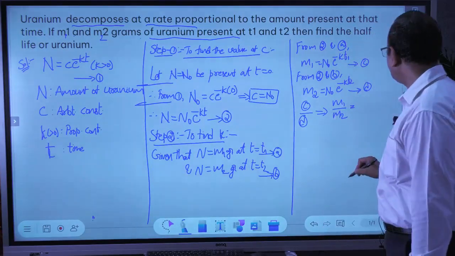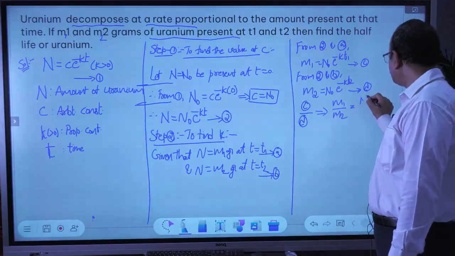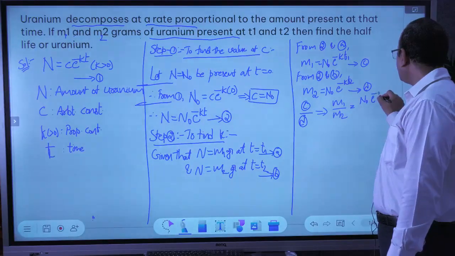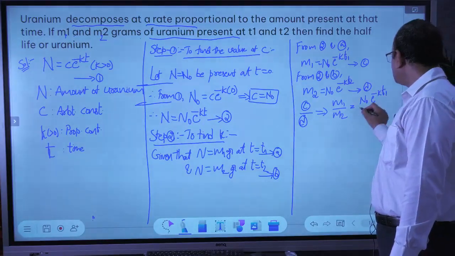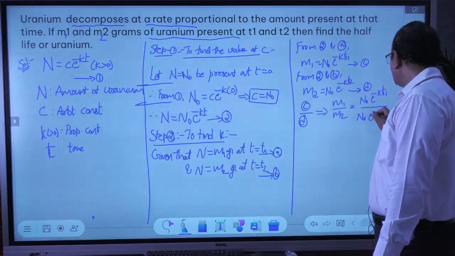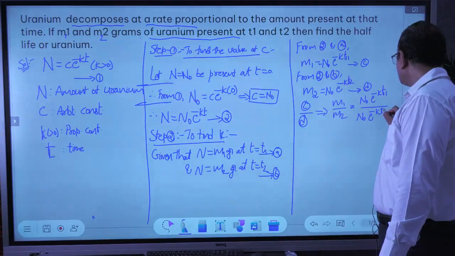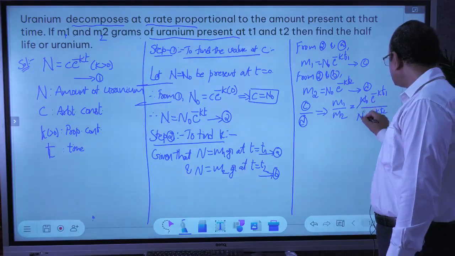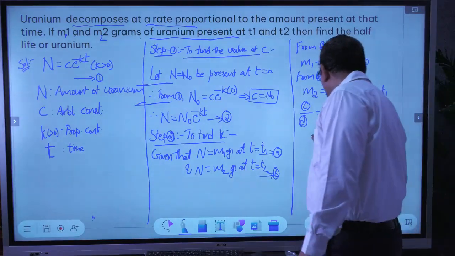m1 divided by m2 and RHS side we have n naught into e power minus k t1 above n naught into e power minus k t2. So here we get like this.